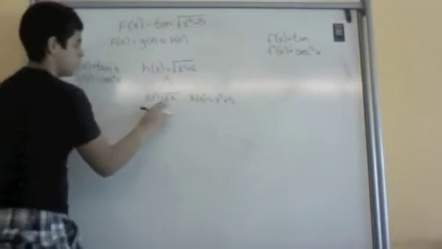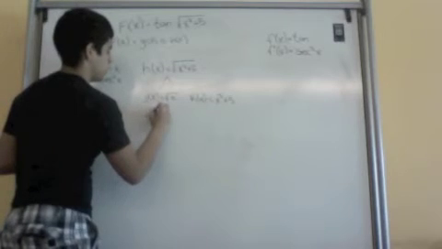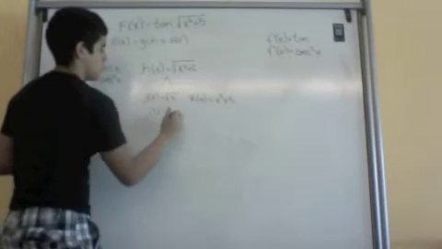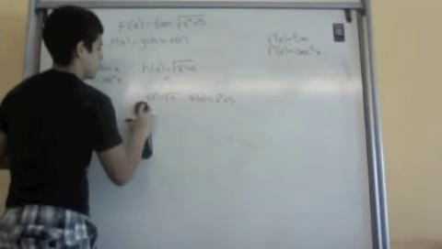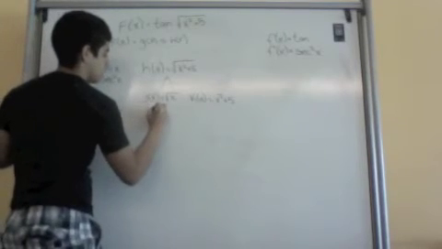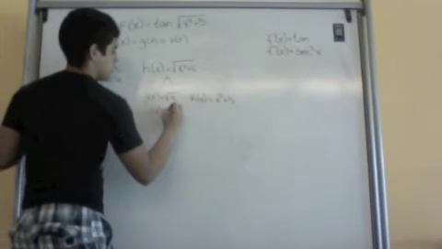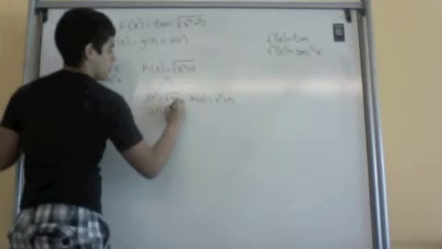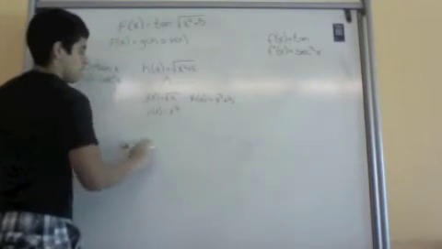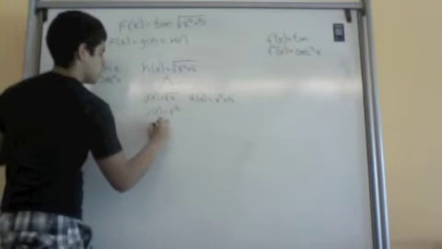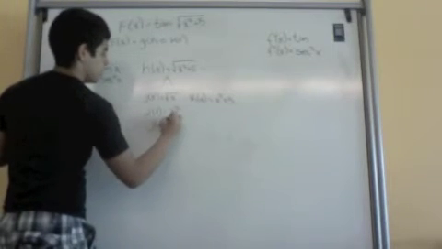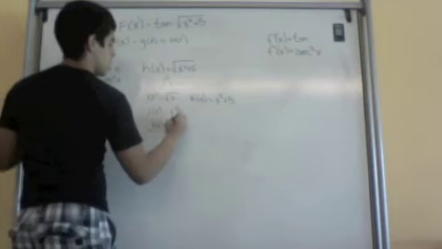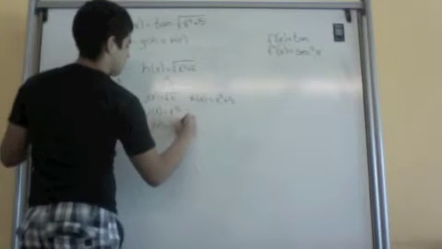So the derivative of j of x, j prime of x, is equal to, so square root of x is the same thing as saying x to the 1 half. And j prime of x would be the exponent 1 half times x to the negative 1 half.